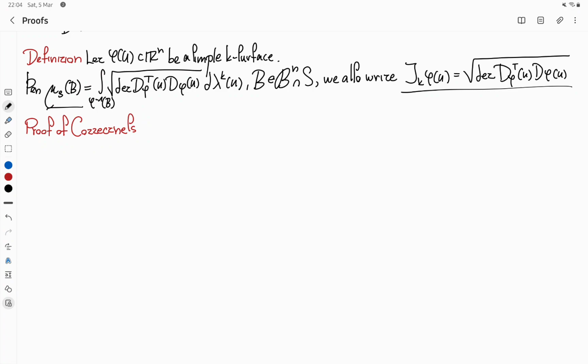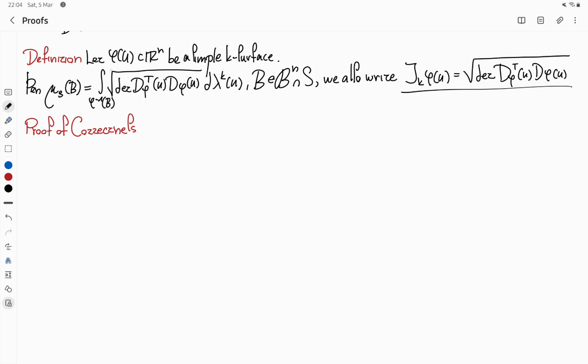So we say that if phi of u is some simple k surface, where phi is some k chart defined on some set u, which is a subset of the real space, then we define the surface area measure of some set B, which is an n-dimensional Borel set living somewhere on the surface S, which is precisely what this means.